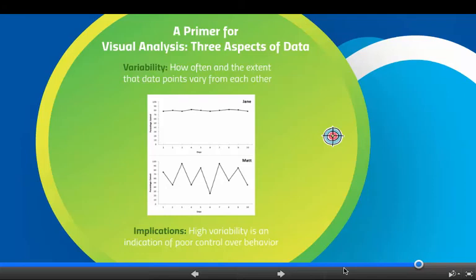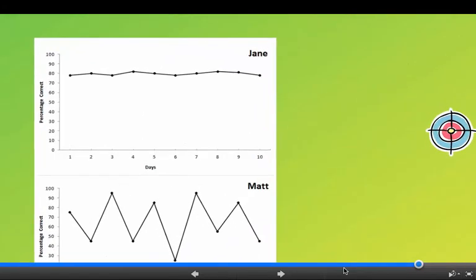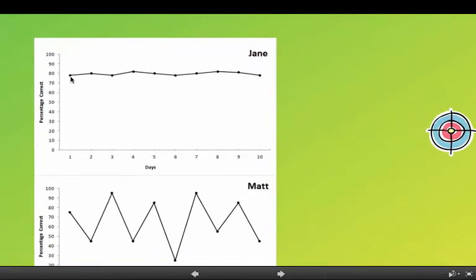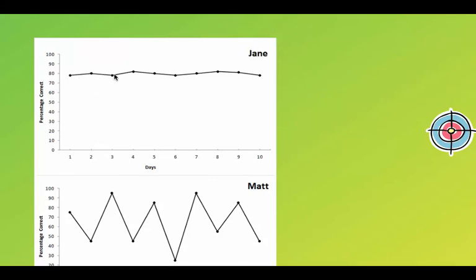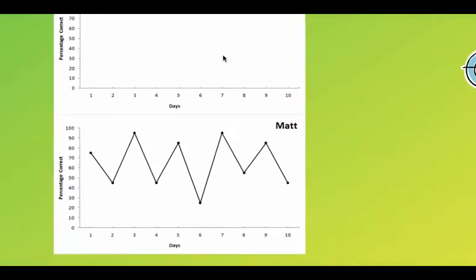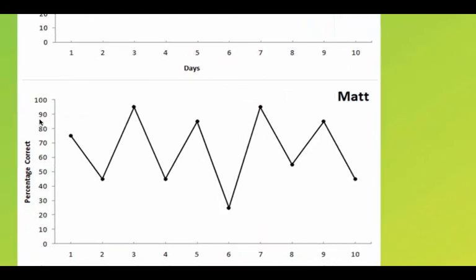The first one is what's referred to as variability, which means how often and to what extent the data points vary from one another. You can see on the top of the graph here for Jane, very little variability. The extent that these data points vary with respect to the percentage of correct responding is very slight. It's almost flatlined. However, if you look down at Matt, you see a lot of variability.